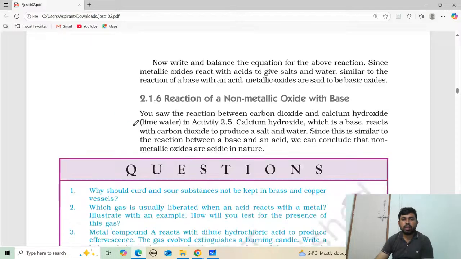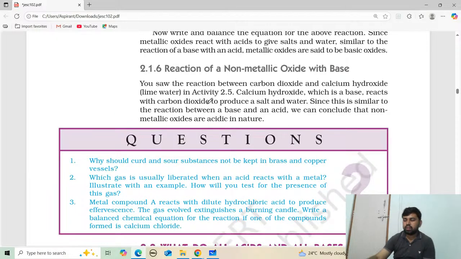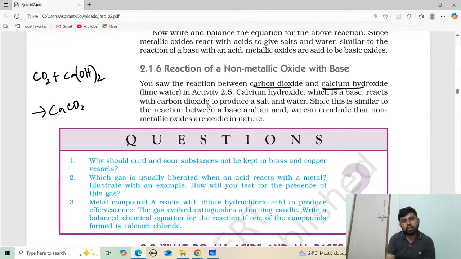Now, what about non-metal oxides? They saw the reaction between carbon dioxide and calcium hydroxide, the carbon dioxide plus lime water test we discussed already. CO2 plus Ca(OH)2 gives CaCO3 plus H2O.